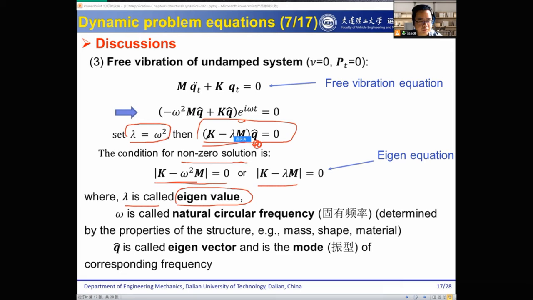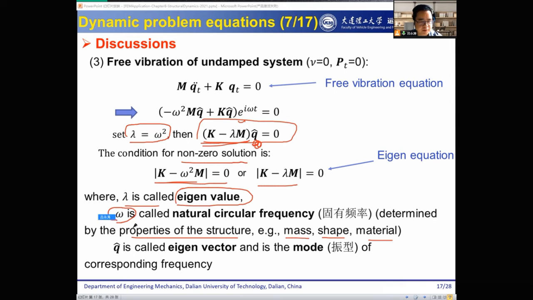Therefore, in order to make this term equal to 0, we have to make the determinant of this 0. Here, lambda is called the eigenvalue, and omega is called the natural circular frequency. It's determined by the properties of the structure: the mass, shape, and material. So this is a very important parameter.